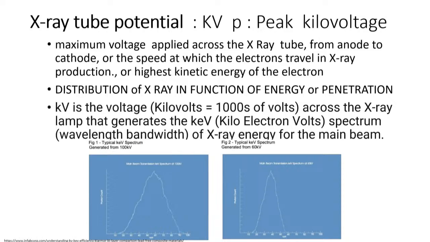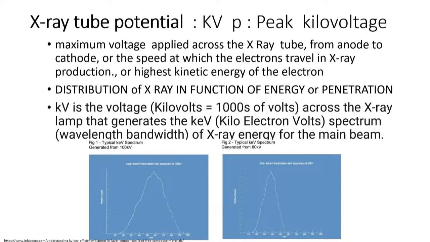Therefore, the highest kinetic energy of the electrons that produce photons is never going to be more than what you apply. If you put 120 kV, the spectrum of X-ray that you generate is never going to be more than 120 keV, okay? So it'll actually be lower.